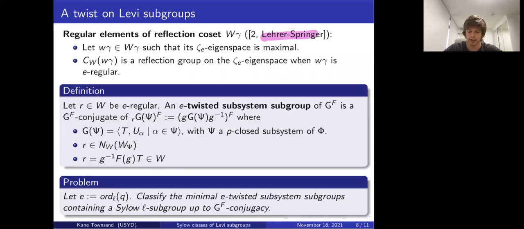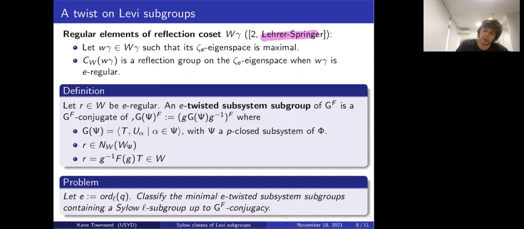A regular element of a reflection coset is an element that has an eigenspace with a vector inside the eigenspace that is not contained in a reflection hyperplane of W. Furthermore, these regular elements have a maximal eigenspace, where ζ is an e-th primitive root of unity. That's with respect to all elements in this reflection coset, this element is maximal.